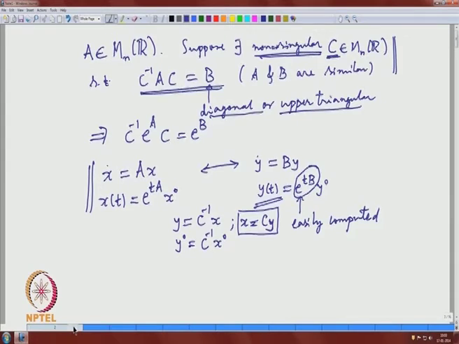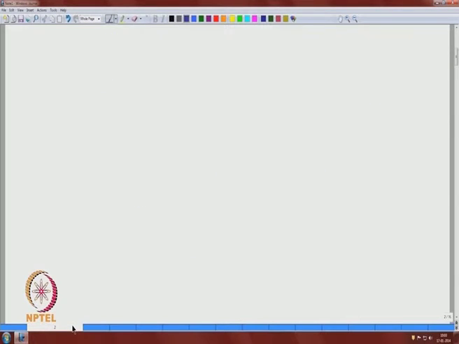So, before going to that, just let me again make a few remarks. By the definition of the norm, it follows that norm of A x is less than or equal to norm A times norm x for all x in R n.